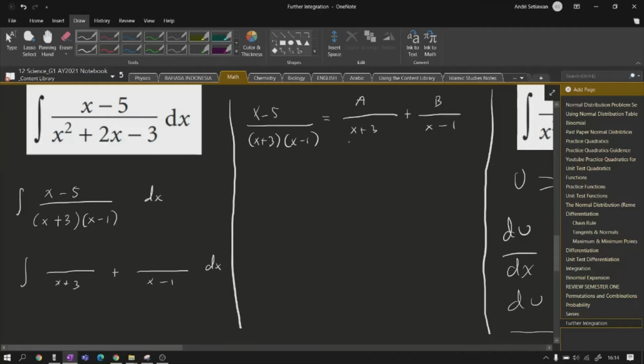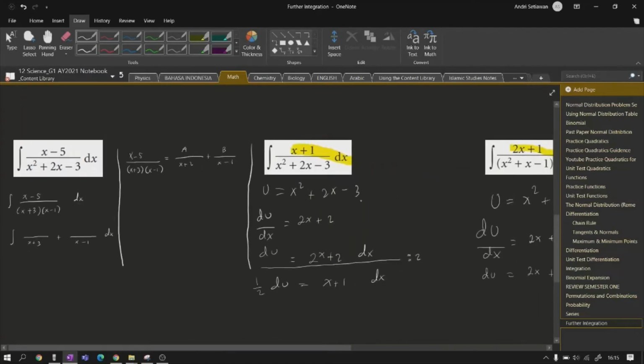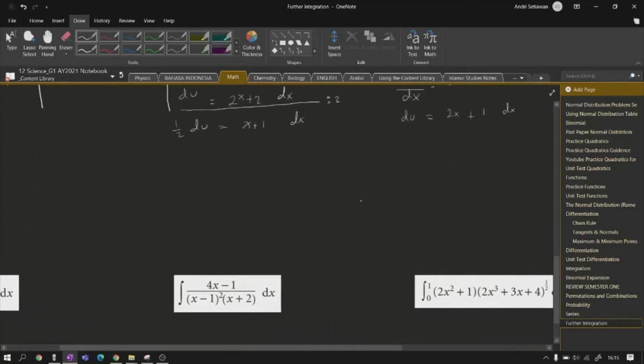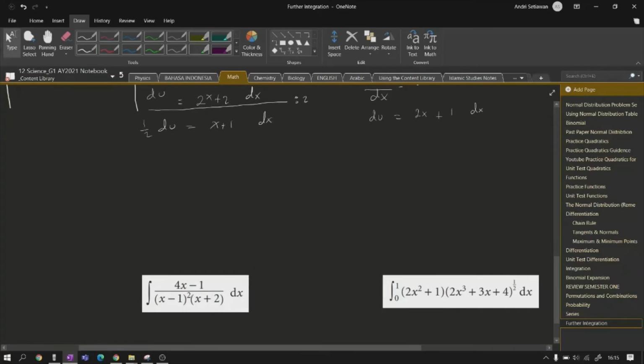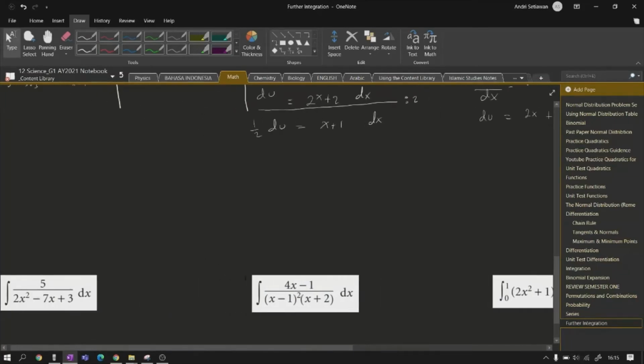Since this is power 1, the numerator must be a constant. If the denominator is power 2, the numerator must be power 1. Maybe in another example we can find it, and we will try to solve this equation together.